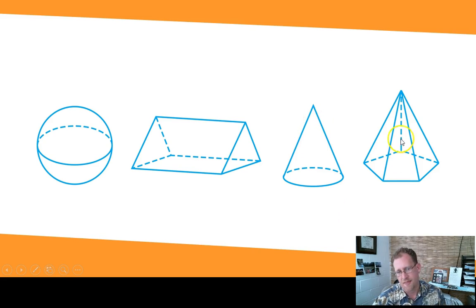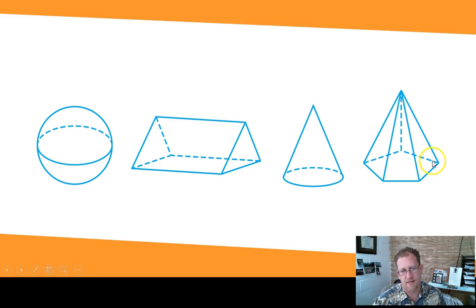Okay, this is a pentagonal pyramid. Here we have lateral edges again. This is a face, this triangle is a face, this triangle is a face, the triangle back there is a face. All of these are faces, right? And all these lines where faces meet are lateral edges.